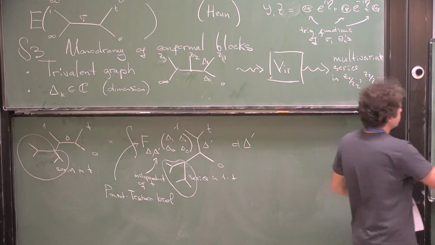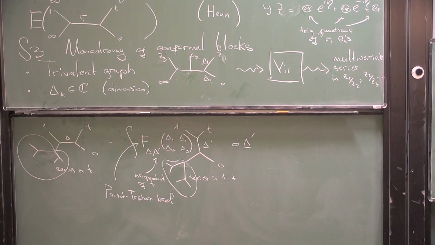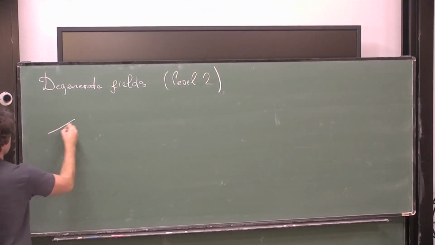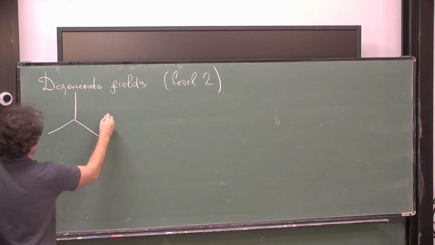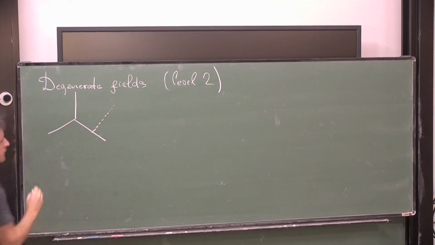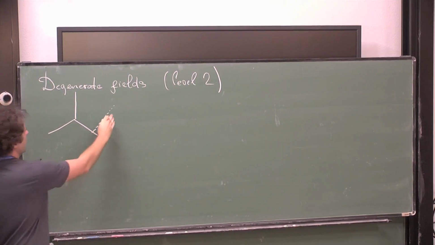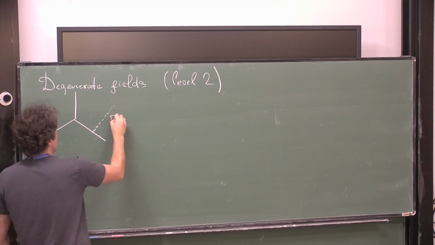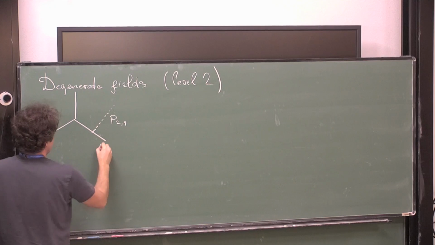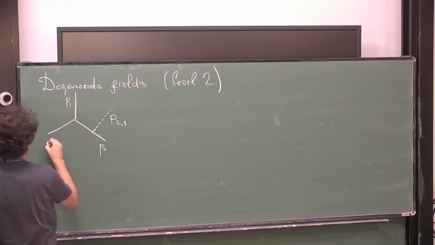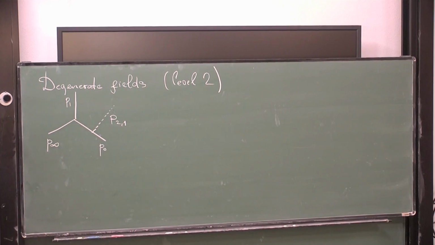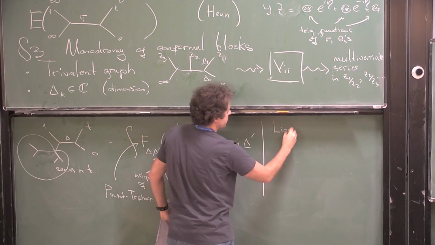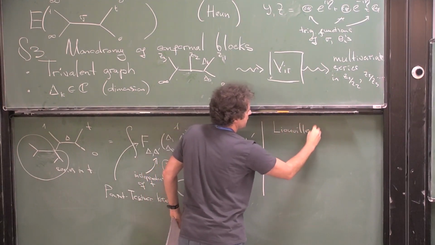So for example, if we have a level 2 degenerate field, which I will symbolize by a dashed line. So dashed line means that we have a special dimension over here. So let me put here P21, P0, P1, P infinity. And yeah, maybe I have to establish the dictionary.